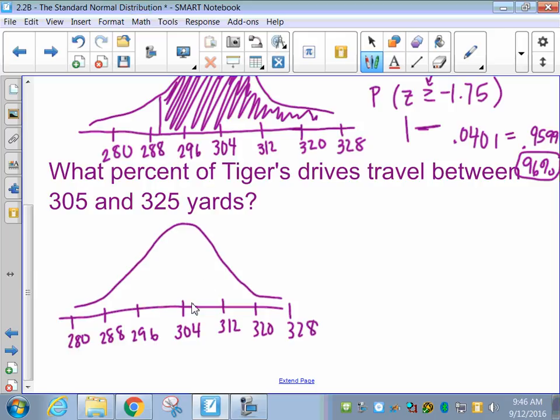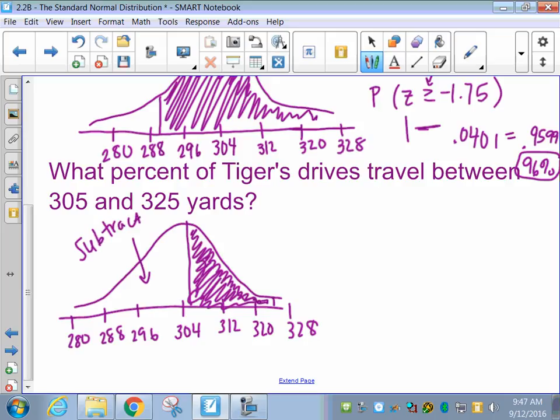So between 305, that's about right here, and 325, we'll say that's about here. So anytime you're doing in between, we're going to find left of this point, which gives us the entire thing left of, and we're going to subtract left of the 305 score.